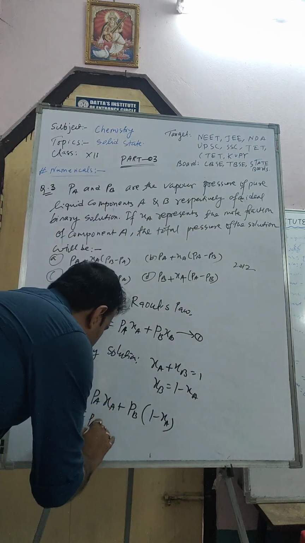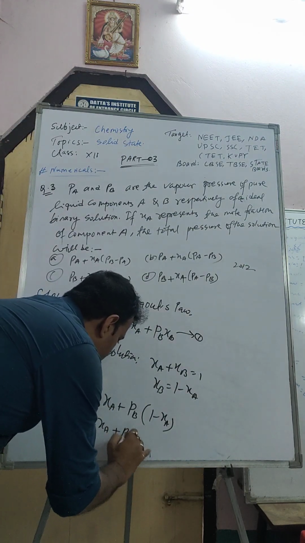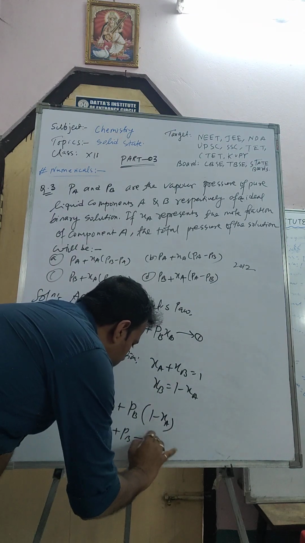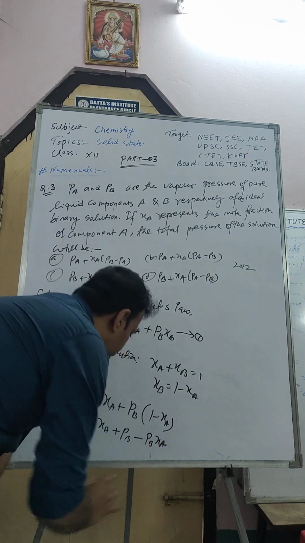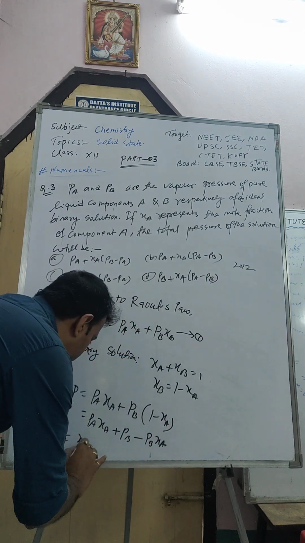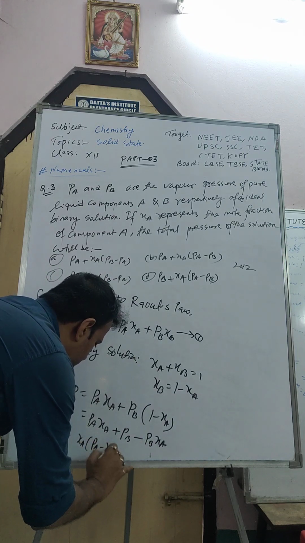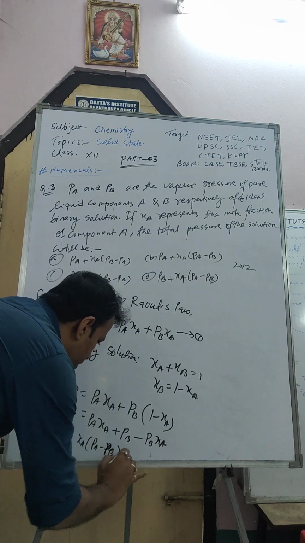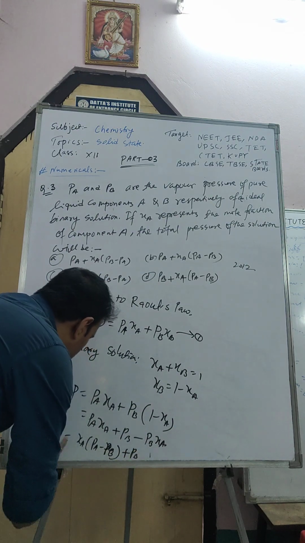If you multiply this, it will be PA XA plus PB minus PB XA. If I take XA common, it will be XA (PA minus PB) plus PB.